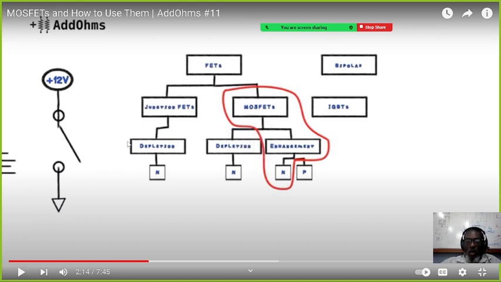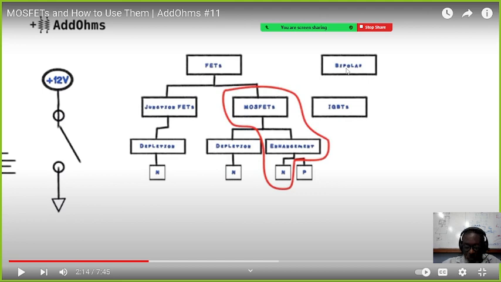Alright. So we have different types of transistors. All of these, everything right here, are transistors. The last transistor that we're dealing with is the bipolar, which is the BJT. So we have bipolar, but how many types of bipolar do you know? What are the two common types of bipolar?